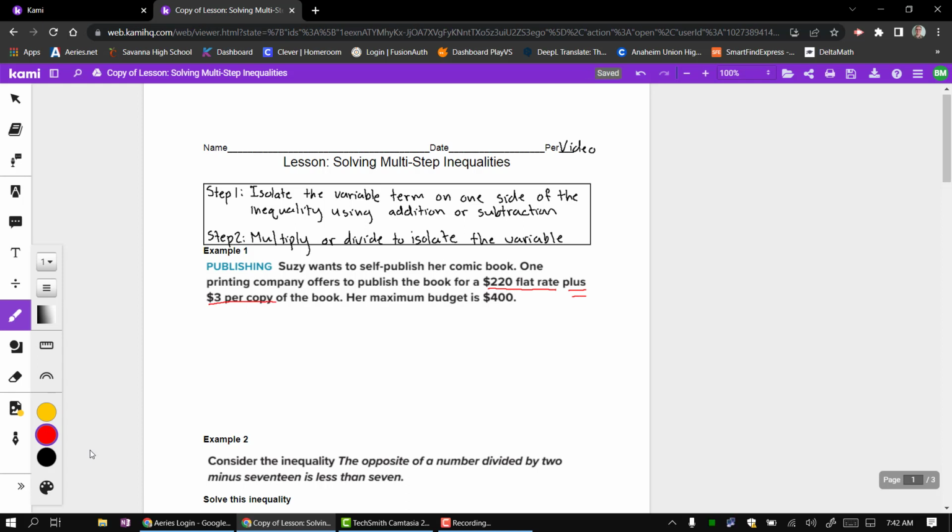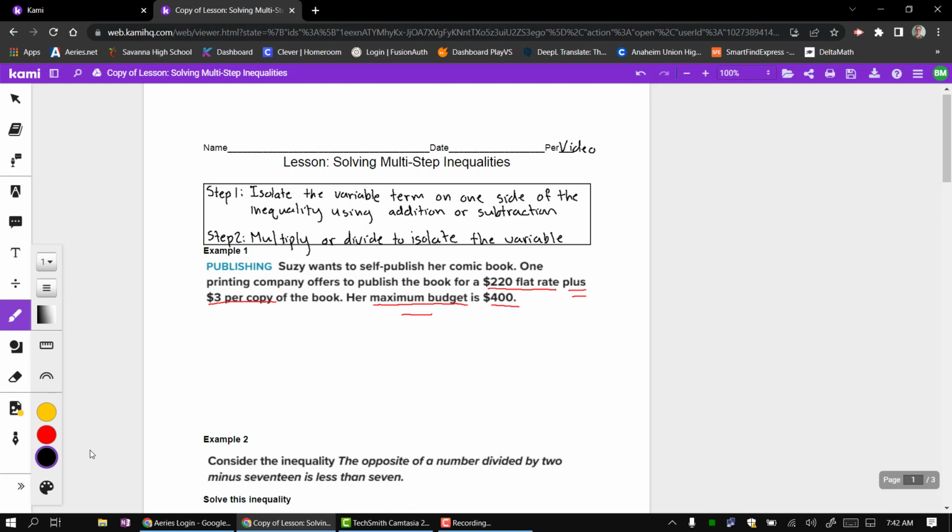Her maximum budget is $400. So I read through the problem, and I pulled out the information it gave me. $220 was the flat rate, $3 per copy. We have a maximum budget. That means we cannot go over that amount, and that is $400.